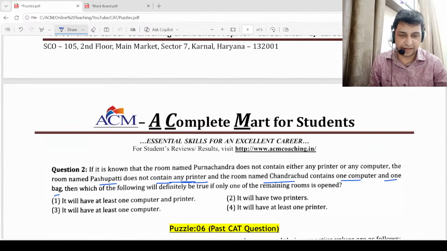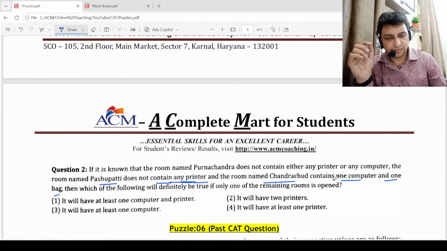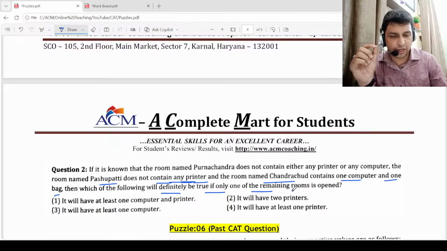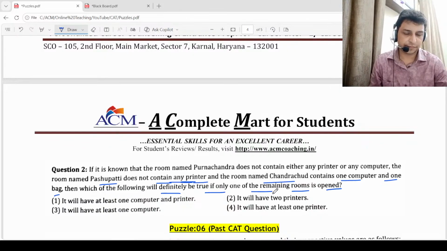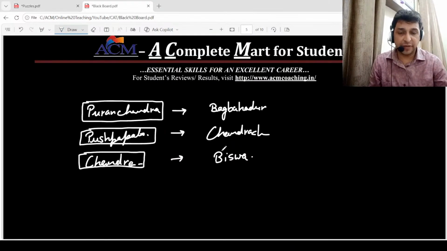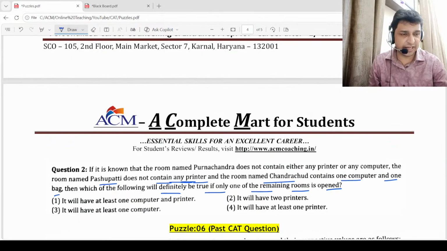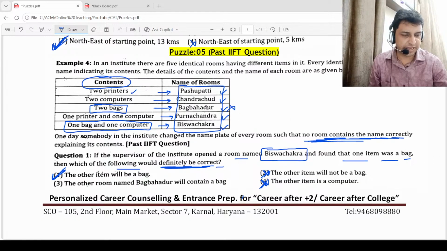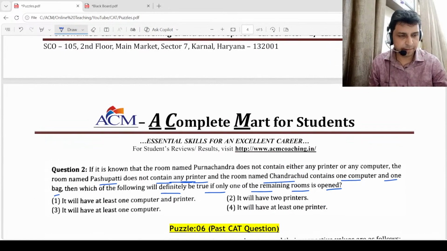Now the question which they have: which of the following will definitely be true if only one of the remaining rooms is opened? Only one of the remaining rooms. Now Bag Bahadur room will not be opened, we know that, because that has a different name.